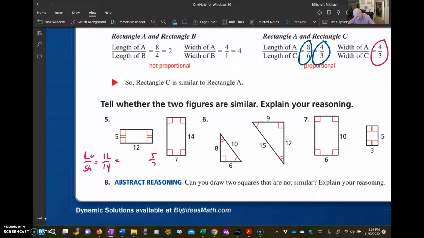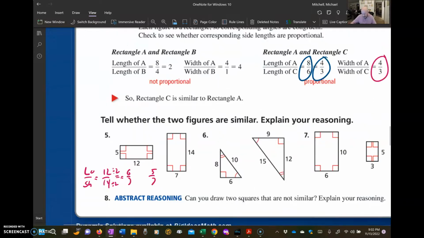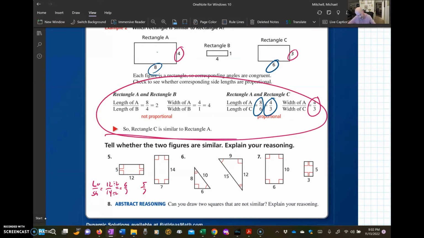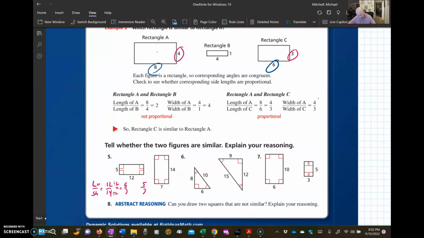I'm going to just put that over here. 12 to 14, I can reduce that, divided by 2, divided by 2. That gives me 6 to 7. Are those equal? Does that mean they're similar or not similar? Can't remember. What did this example tell us back here? Just take a look at those.